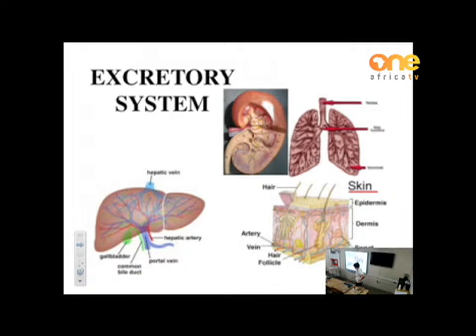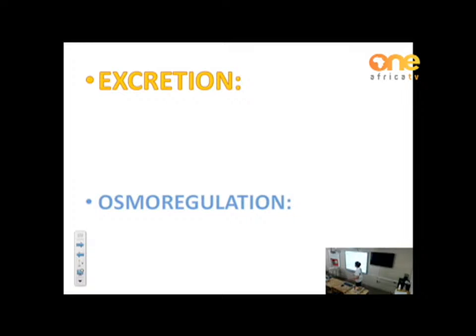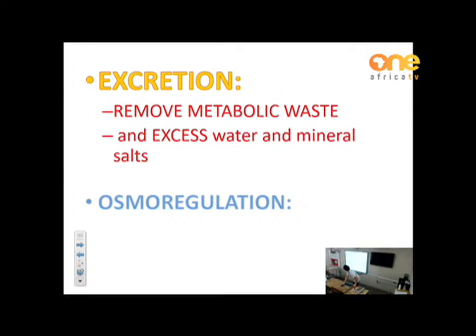I want us now to focus on two terms: excretion and osmoregulation. How do you remember the definition of excretion? The removal of metabolic waste and excess water and mineral salts.